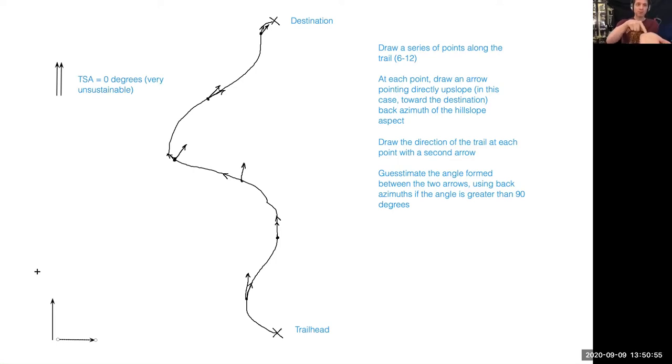It just has to flow downhill, so it's going to go across that very quickly and very sustainably. It's going to leave the soil of the trail in place and be good to go. So let's label that one as a TSA of 90 degrees, max sustainable.